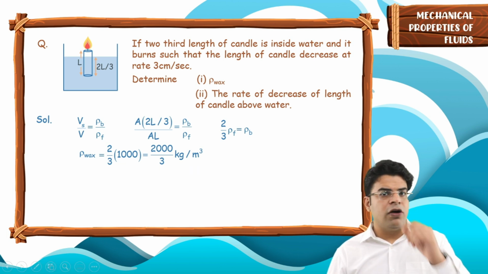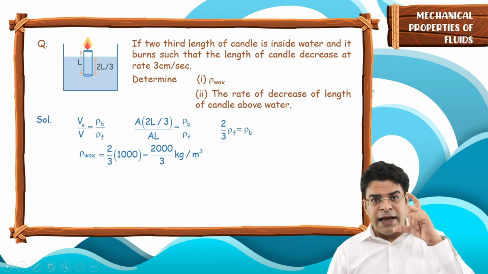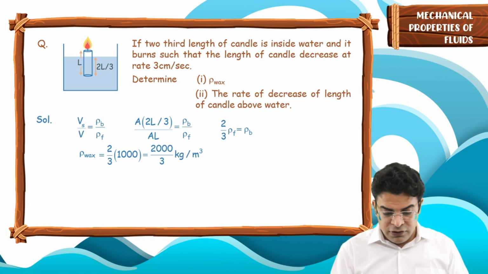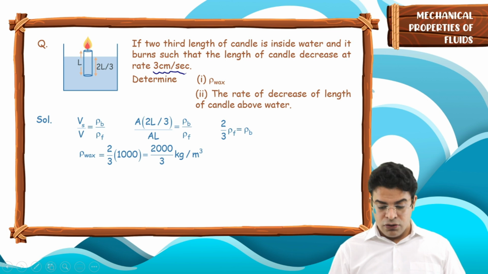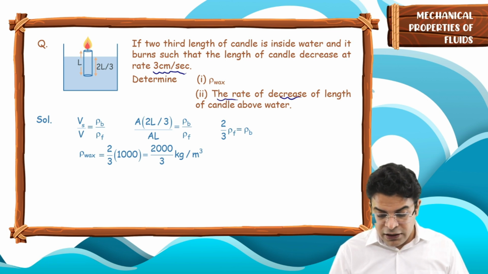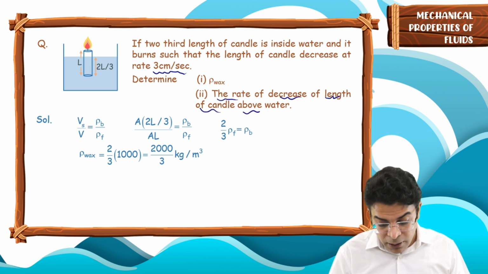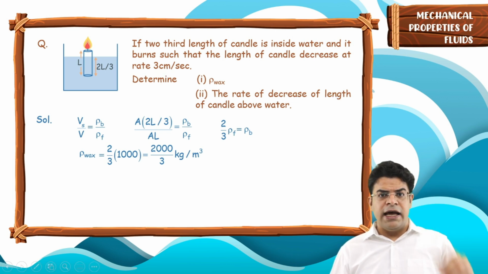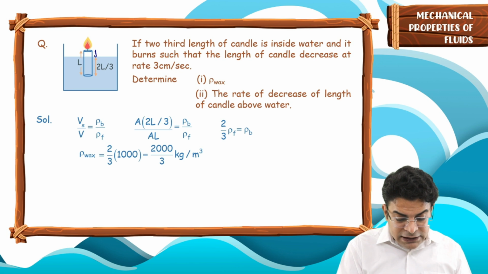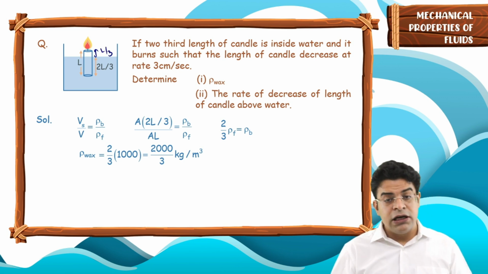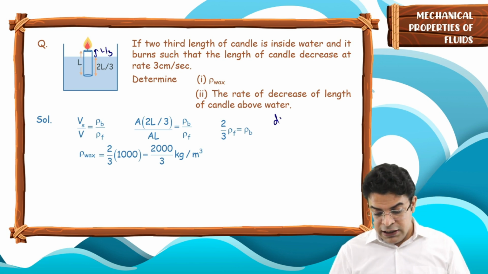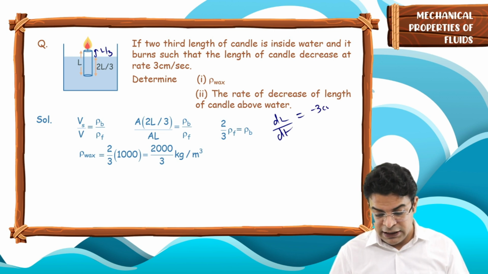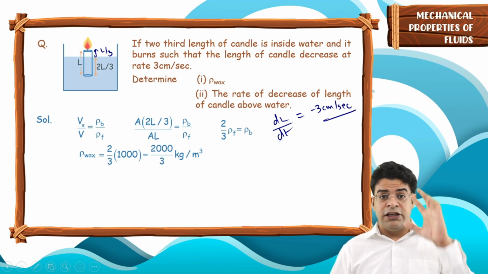Now the second part of the question. If this wax burns at the rate of 3 centimeter per second, the question is the rate of decrease of the length of the candle above the water. If the total length is L, then 2L by 3 is inside water and L by 3 is above the water. dL by dt is given as -3 centimeter per second, the rate of change of the length of the candle with respect to time.